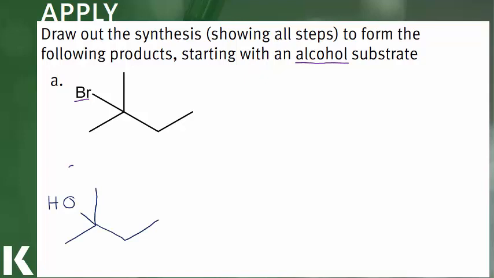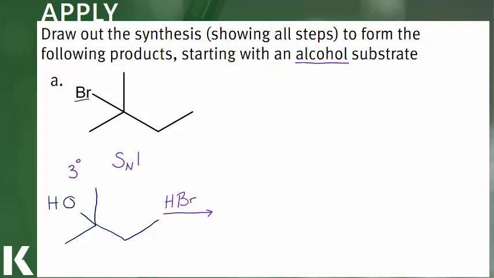Notice that what we have here is a tertiary alcohol, which indicates that the substitution reaction that we'll use will follow an Sn1 mechanism. So to do this, we need to use acid to protonate that OH. So what we'll add is hydrobromic acid. The H plus will protonate, and then the bromide will later attack our carbocation intermediate, giving us our substituted product.